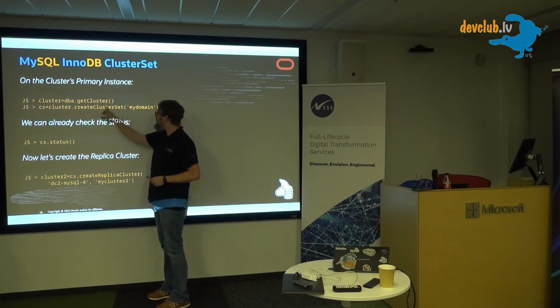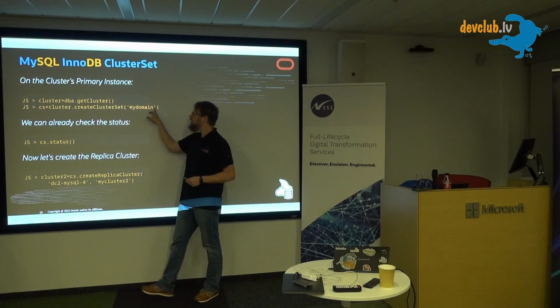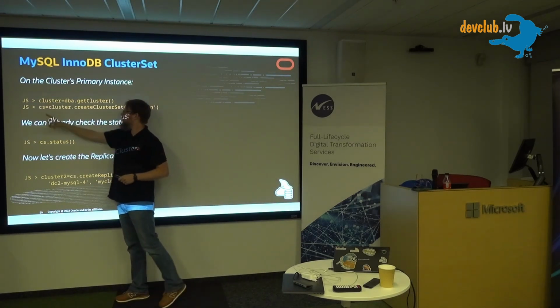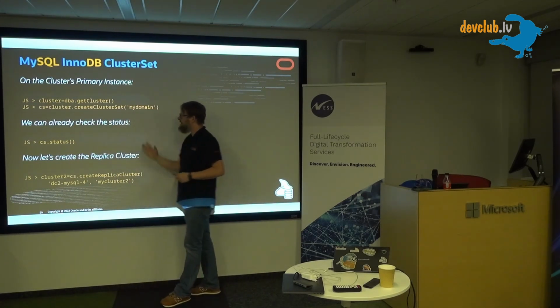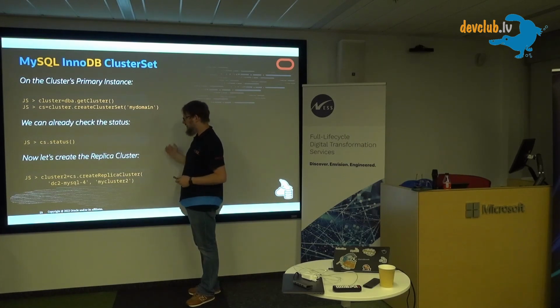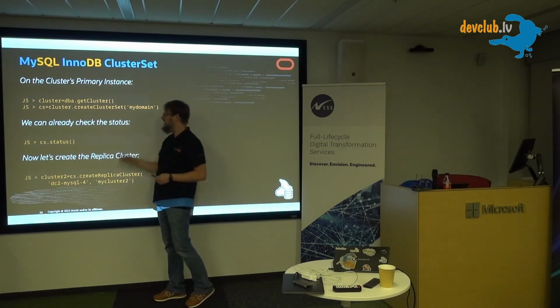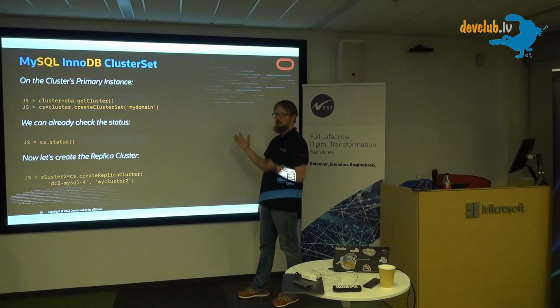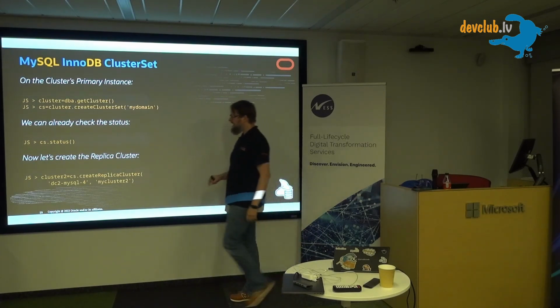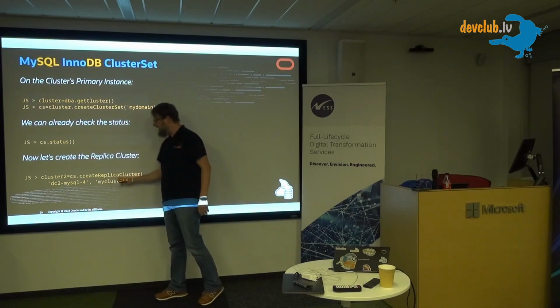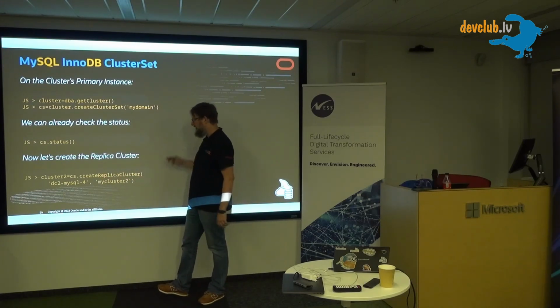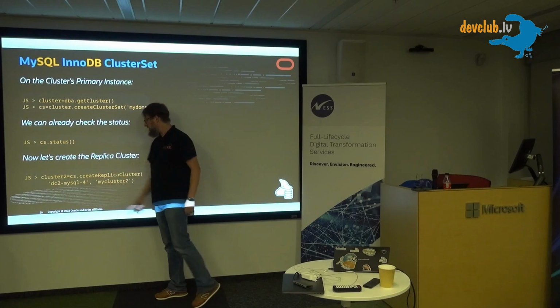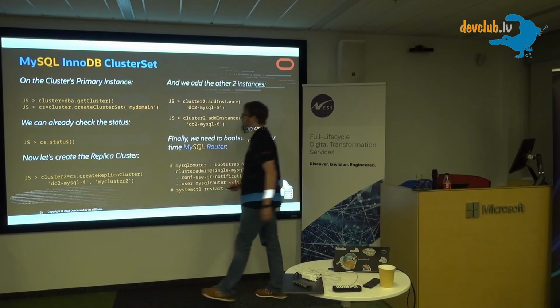Now I want to create a cluster set, so I create a new JavaScript object called ClusterSet. If I do cluster set status, I will see just one single cluster in it. And then I say I want to create a new replica cluster, the one for the disaster, on that machine, and this will be the name of this cluster.